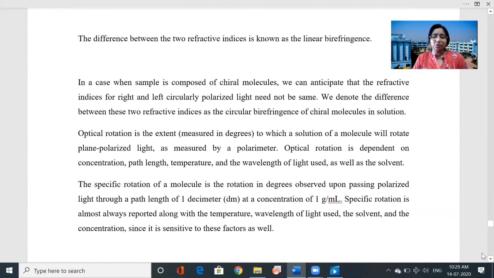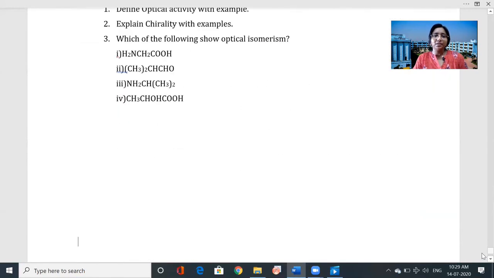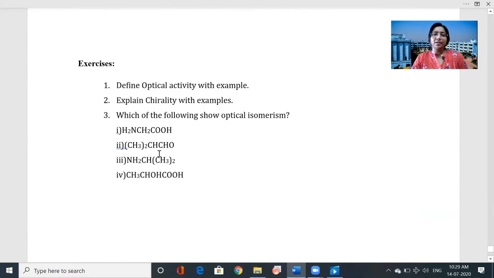The first question is: define optical activity with an example. You can define optical activity and write any chiral carbon structure. You just write a carbon and with the four bonds you give different groups like hydrogen, OH, bromine, CH3, then it will have optical activity as it is a chiral carbon.